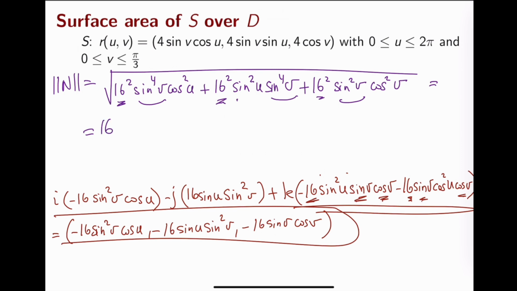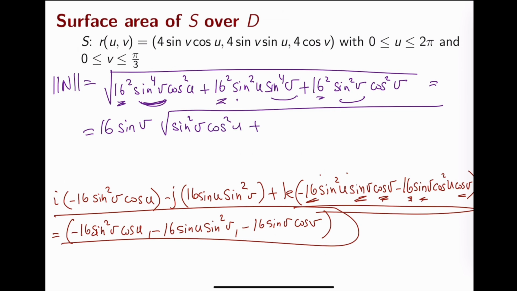We are going to take it out of the square root. So the root of 16 squared is going to be 16, and the root of sine squared is going to be just sine. And so inside of the root remains, once that we took sine squared, here remains the other sine squared, cosine squared, plus sine squared u, sine squared v. And here remains just this.